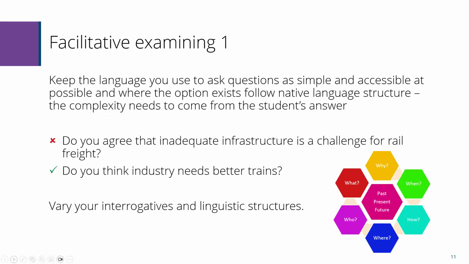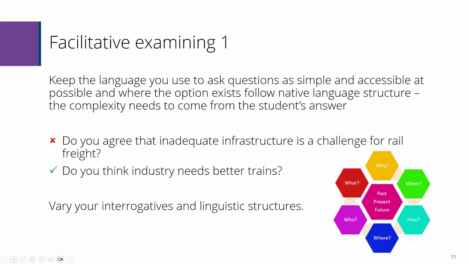So you see, if we look at the example there, do you agree that inadequate infrastructure is a challenge for rail freight? And you see the complexity of that question. We've got unusual vocabulary. We've got sometimes perhaps a slightly awkward grammatical structure to deal with. As compared with, do you think industry needs better trains?